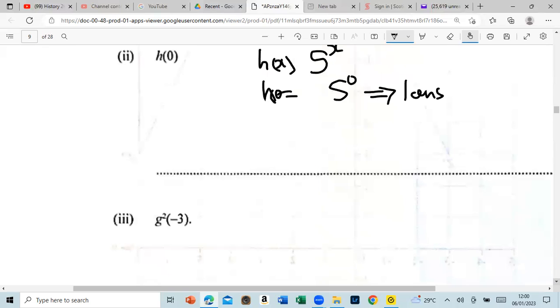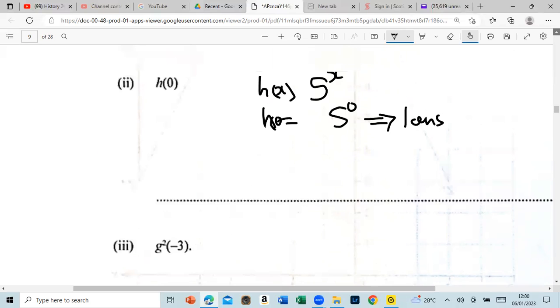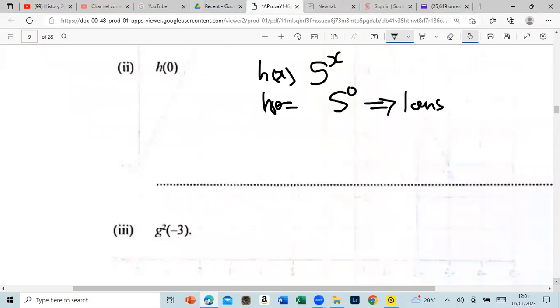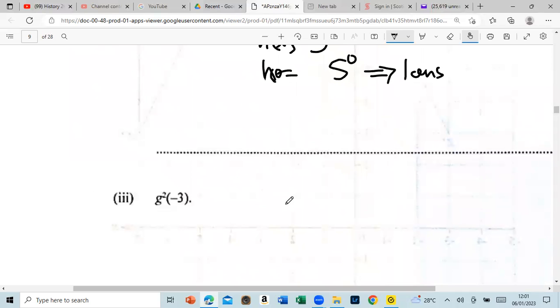These are pretty straightforward so far. All right, this one says g of negative 3. So let us go back up and identify what g is, and then put negative 3 in the function. The value of g is 3x plus 2.